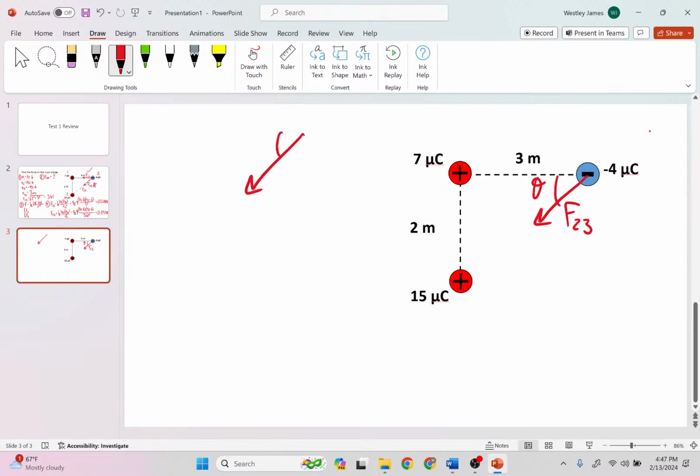If we can find this angle, then we can find its X component, F23X, and its Y component, F23Y. How do we find that angle? I'm going to give you all a few seconds to think through how you would find that angle, given the information in this picture.